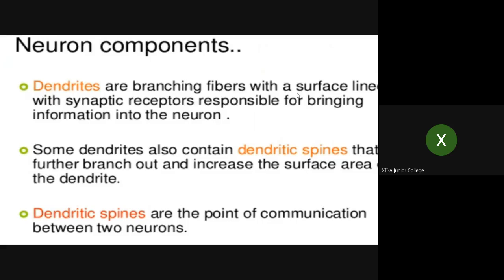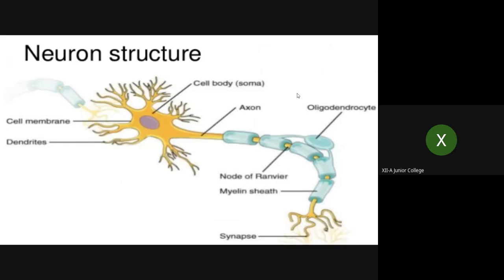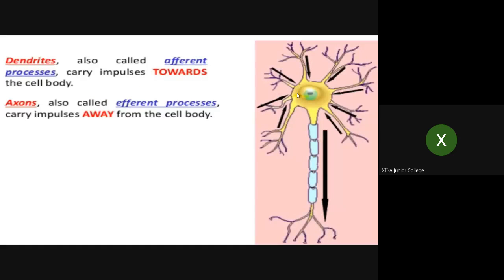And the extension which is moving away from the cell body, you can see the direction also, this extension is carrying the impulse away from the cyton. You can see the arrow, it is away from the cyton. So this is called axon. So axons are nothing but the efferent processes. Processes is the extension. Efferent means away.